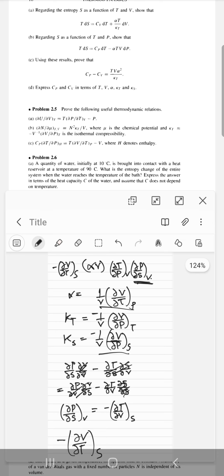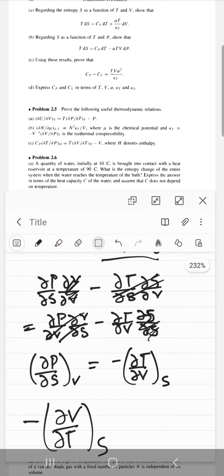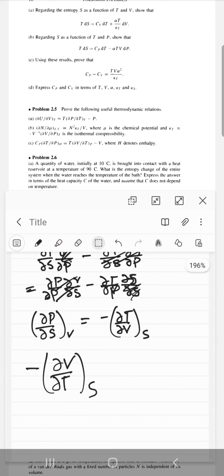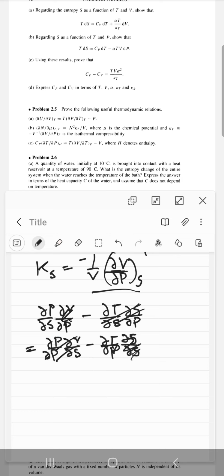What about this term? Partial P by partial S, right? So just put a P over there rather than V. So what do you get? Okay, so this term is just gone. What about this term?